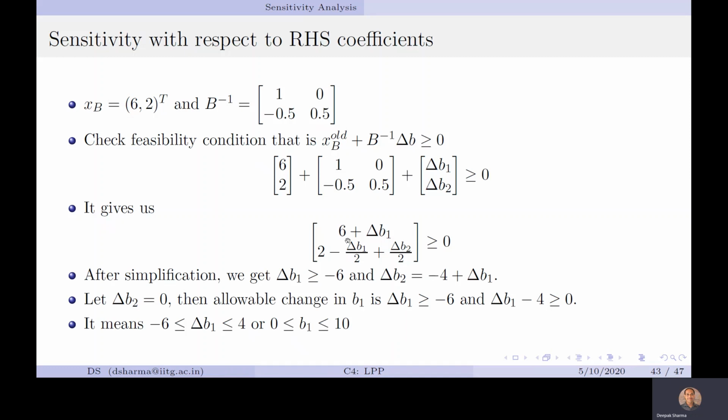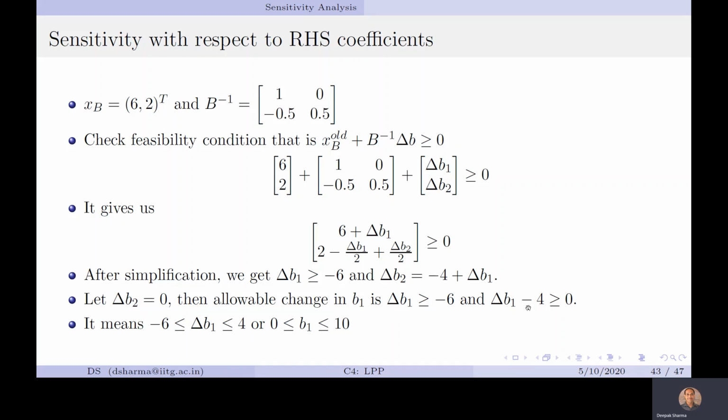So after simplification, we have two equations. So we simplify it. It will say that delta b1 should be greater than or equal to minus 6, or delta b2 is equal to minus 4 plus delta b1. So if I assume that there is no change in delta b2, then what will be the corresponding change in delta b1?